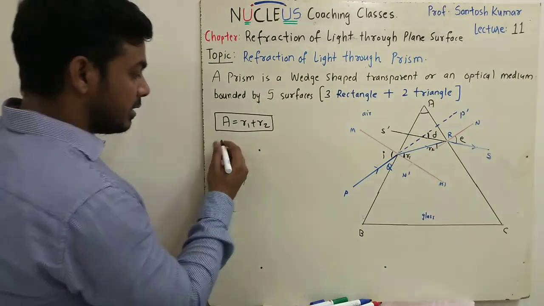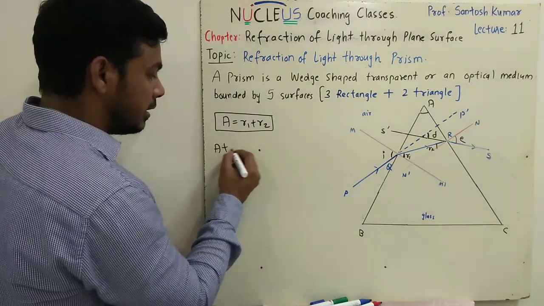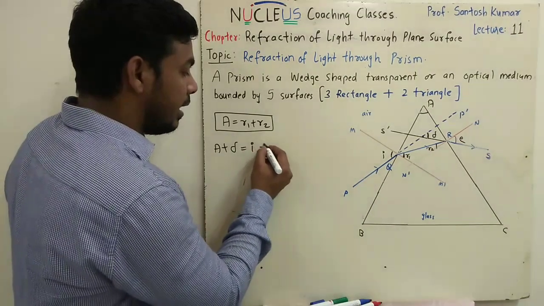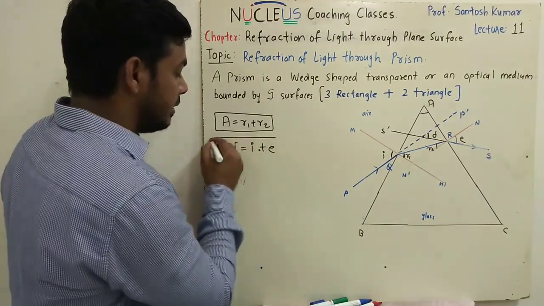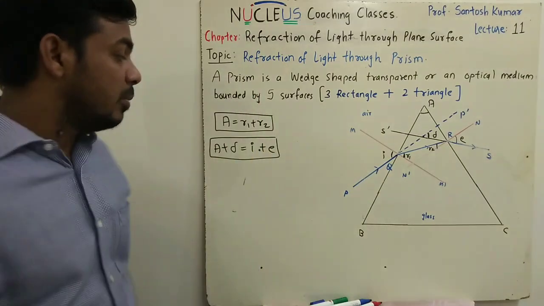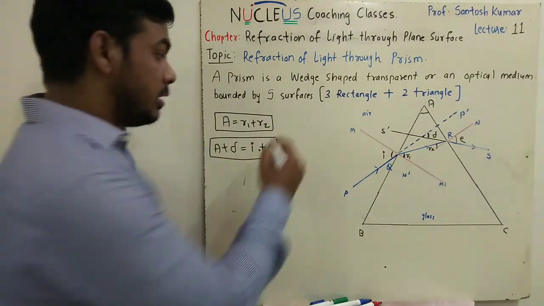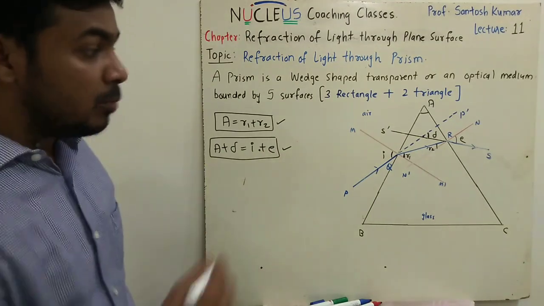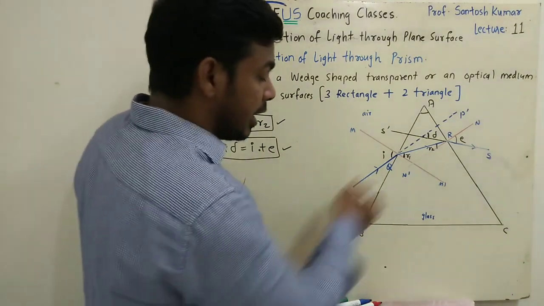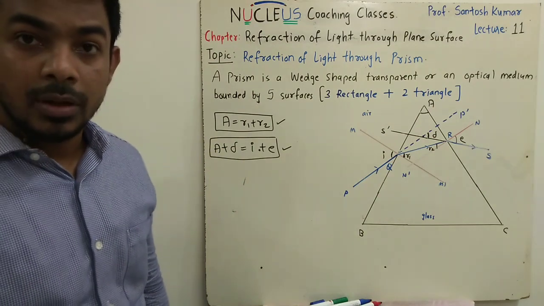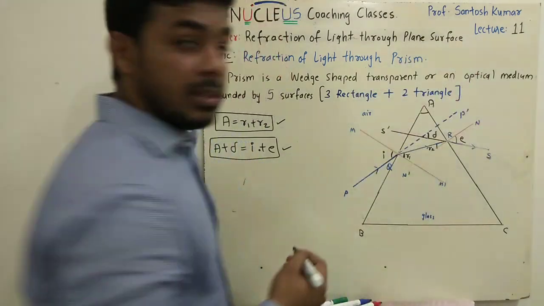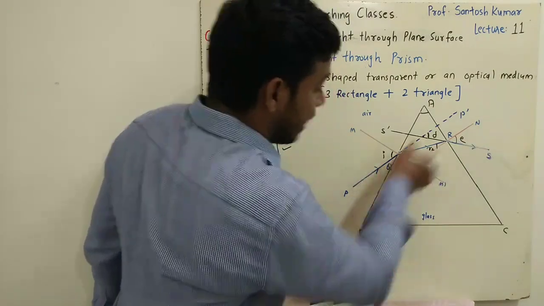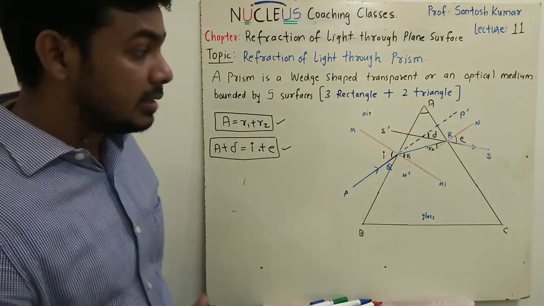The other relation we have is that A plus delta will be equal to I plus E. These two relations are very important for a prism. But over here, one more important thing: whenever a ray of light passes through a prism, it emerges out of the prism, right? But the emergent ray is not in the direction of the incident ray. You can clearly see.